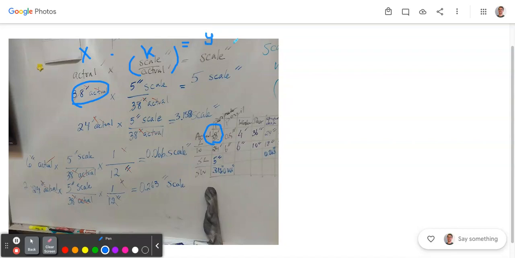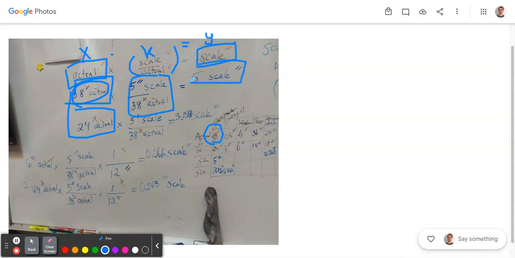That's the second unit, unit 2, scale. Unit 1 was actual feet. Unit 2, scale inches. And our constant of proportionality k, our scale factor, is 5 inches scale per 38 actual feet. We're going to be using the scale factor to multiply each of the actual measurements into scale measurements.